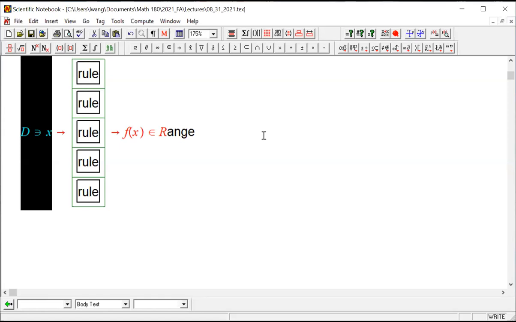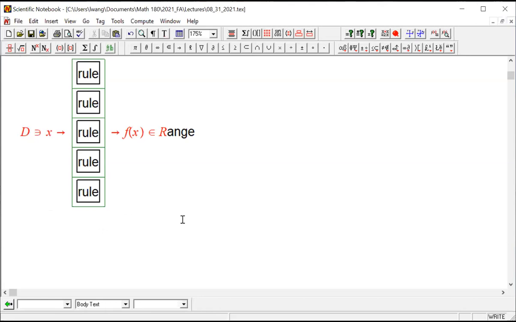What you learned in the past 5 courses, it's all about these functions, rules, and their domain and range in the 2 kinds of statements. Statement or if statement.